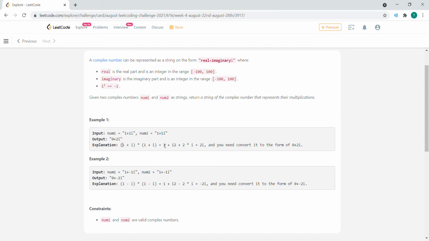So you get 1 plus 2i plus i squared. I squared becomes -1. -1 plus 1 is 0, and then you get 2 times i.